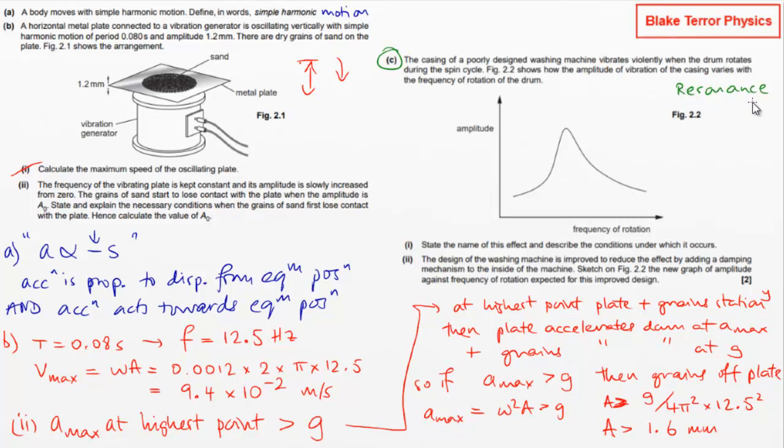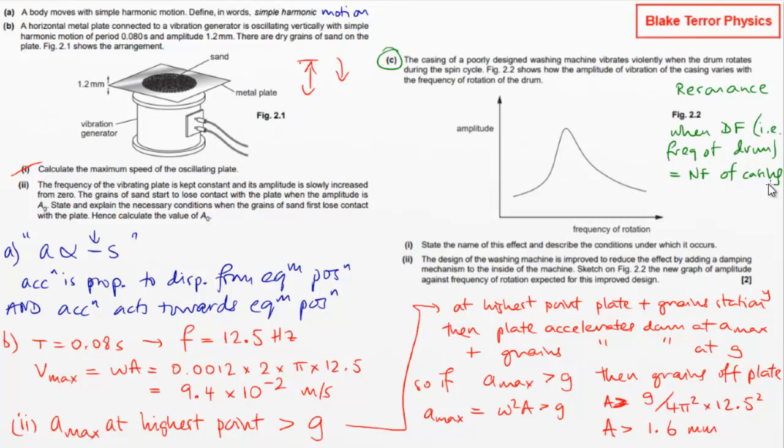So we've got resonance, and this is when the driving frequency, i.e. the frequency of the drum, so that's what's driving the casing, equals the natural frequency of the casing.